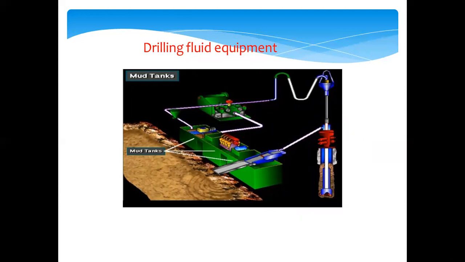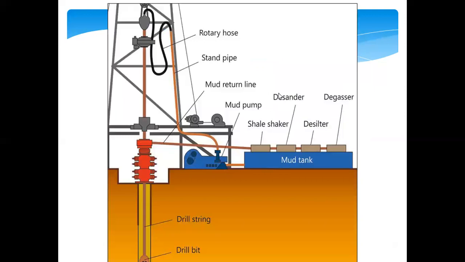So now let's get started and talk about the drilling fluid equipment in the field. During drilling operations, the drilling fluid is pumped continually through an upright stand pipe that is fixed to a side of the derrick, like in this picture right here.